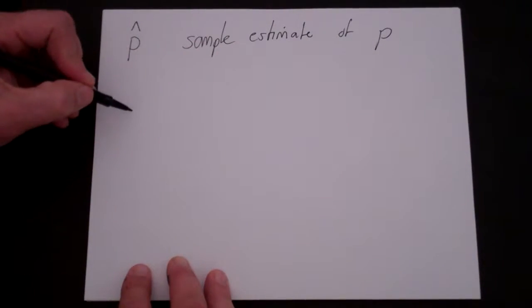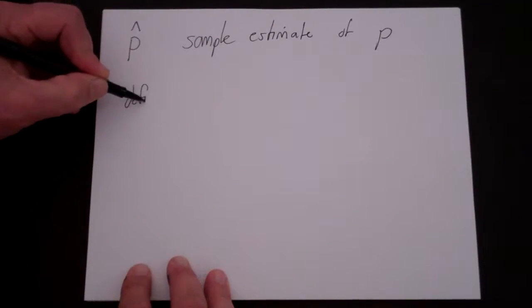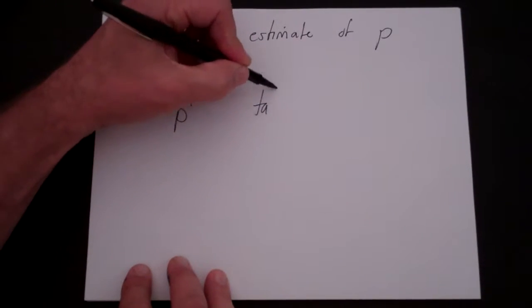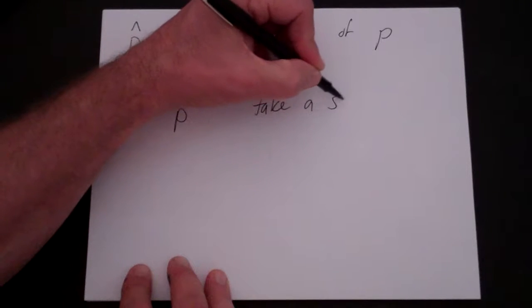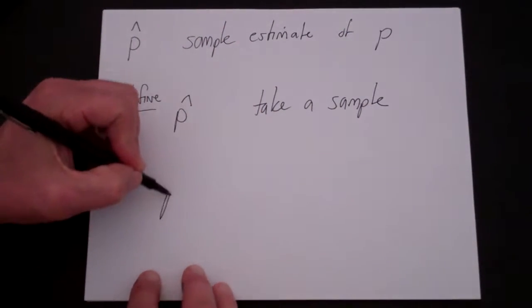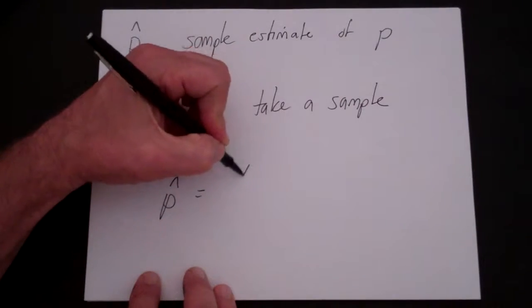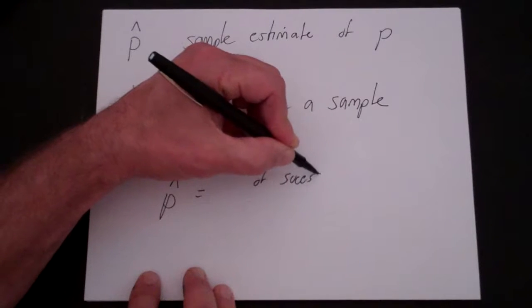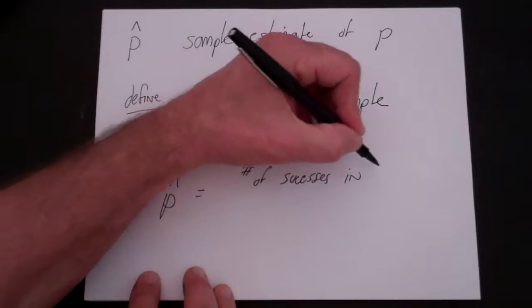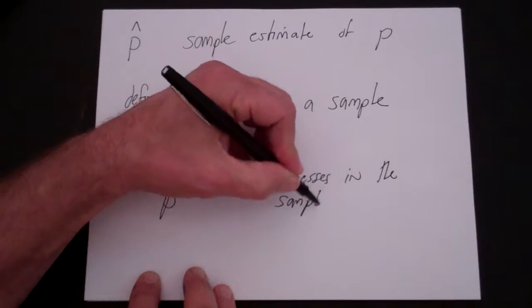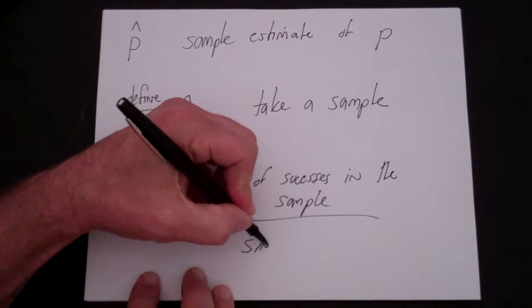The easiest way to define p-hat is to take a sample and count the number of successes. So p-hat would be the number of successes in the sample over the size of the sample.